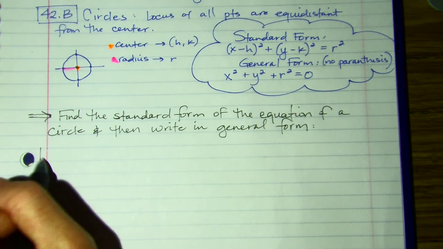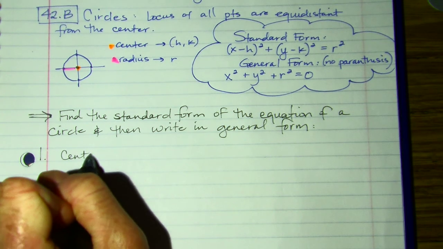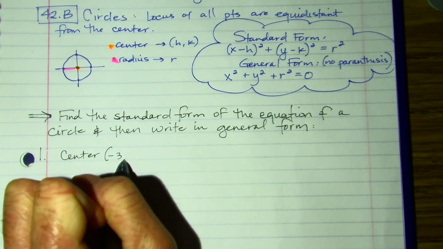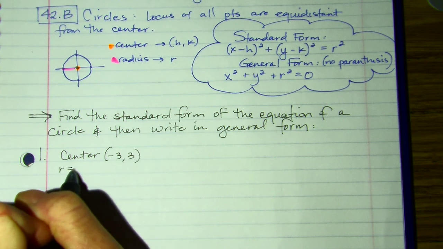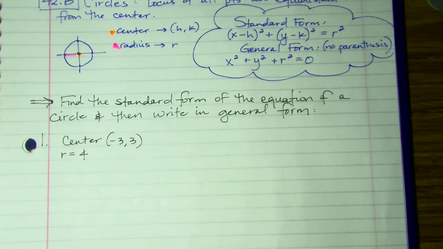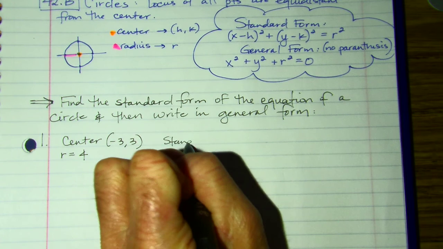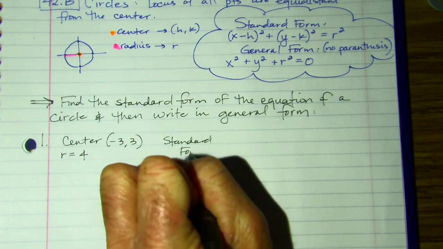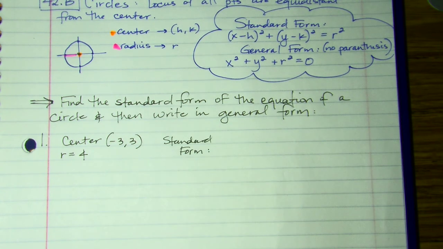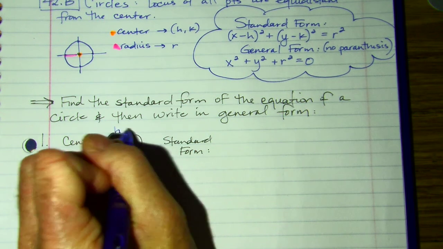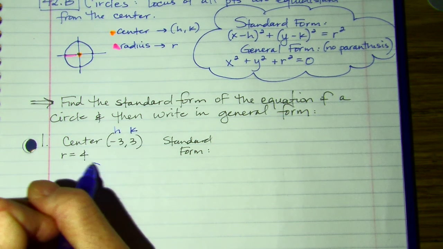So number 1, my center of my circle is at -3, 3, and the radius is 4. So let's start with standard form. I have h and k, right? Here's h, here's k, this is r, right?